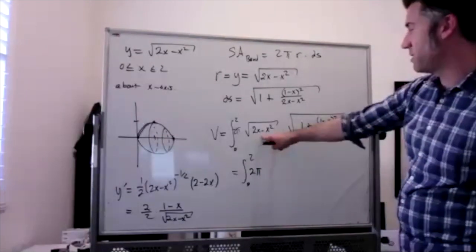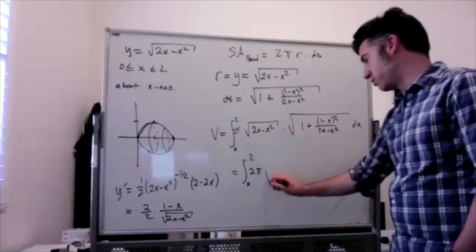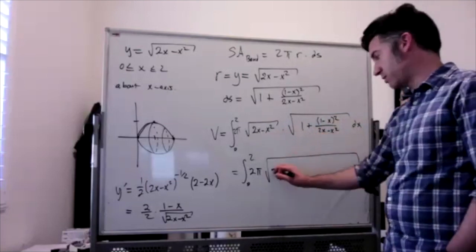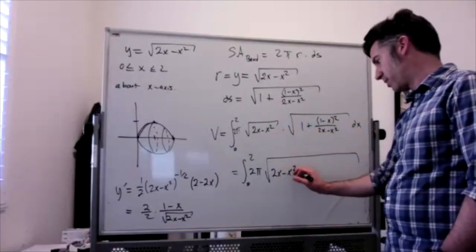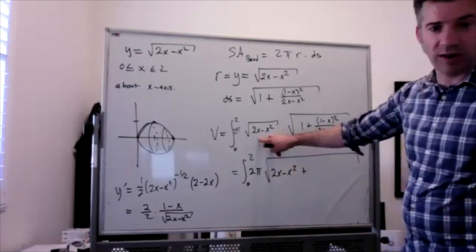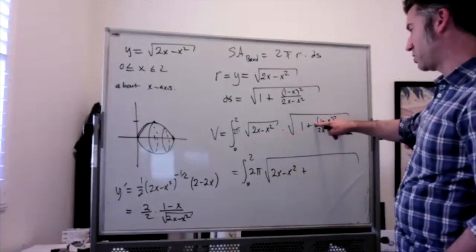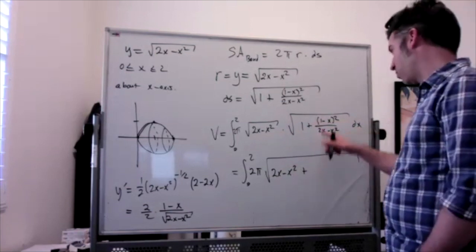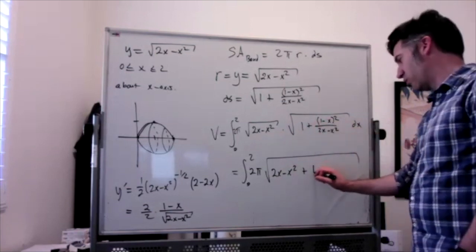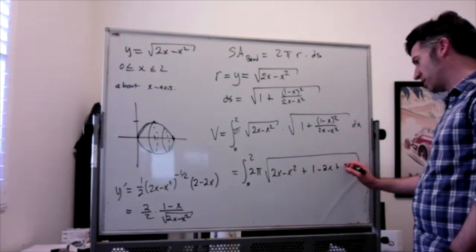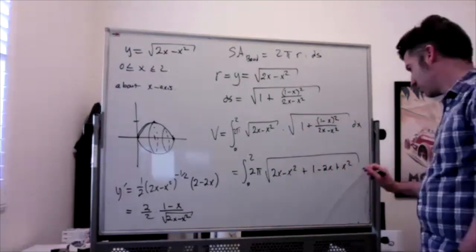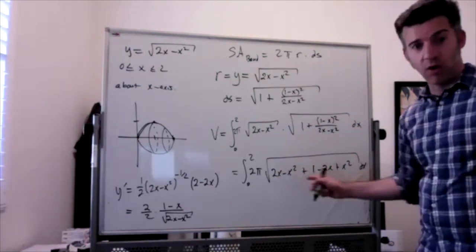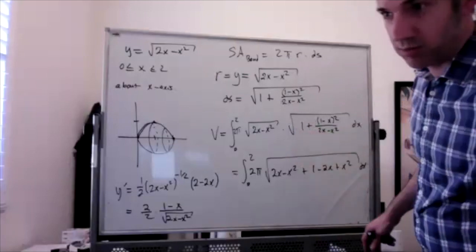So 2x minus x squared times 1 is going to be 2x minus x squared. And 2x minus x squared times 1 minus x quantity squared over 2x minus x squared. The 2x minus x squareds cancel out, and you get 1 minus x squared, which is 1 minus 2x plus x squared. I can say more about that if anyone would like me to.